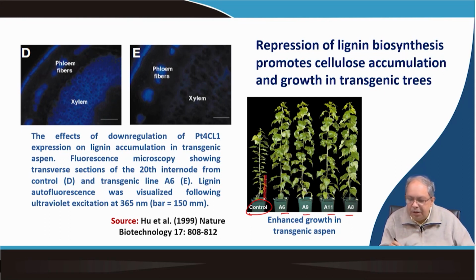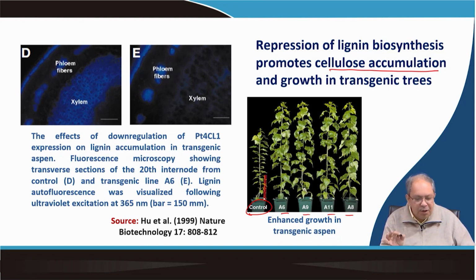What you see here, the growth is much more in all the transgenic aspen with antisense expression. That is surprising, but that is what happened. So, it did not really affect the growth, but it reduced the lignin content, compensated with cellulose accumulation, and that is reflected in the growth.